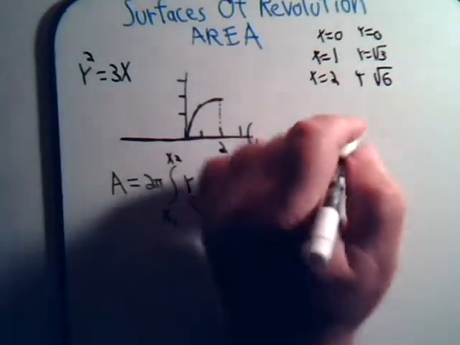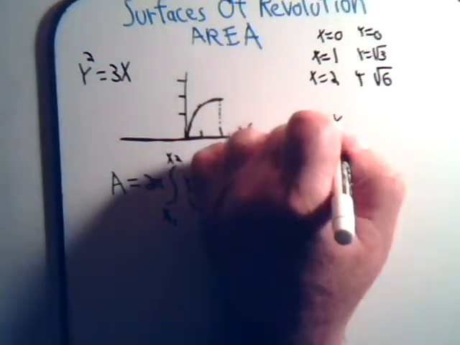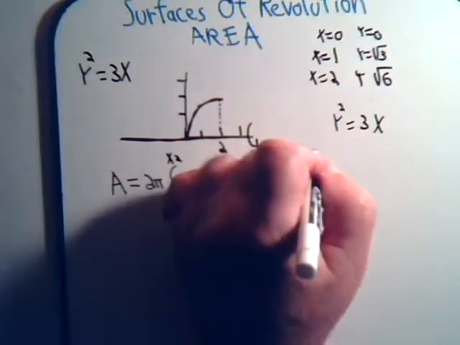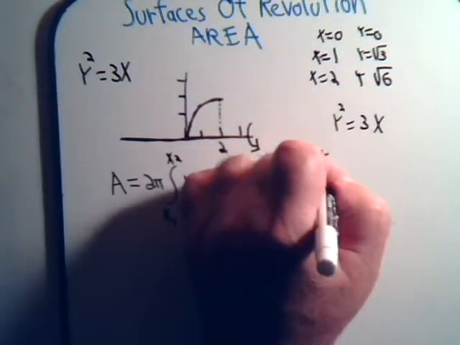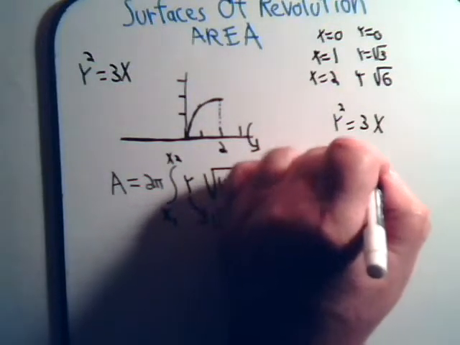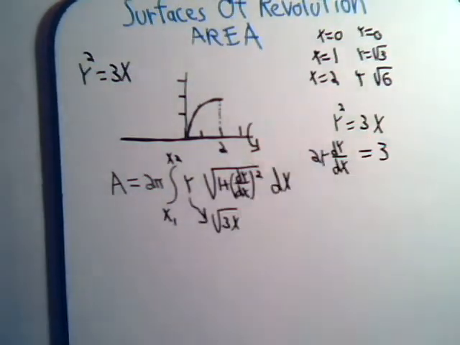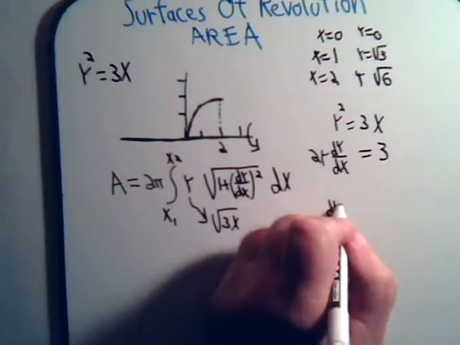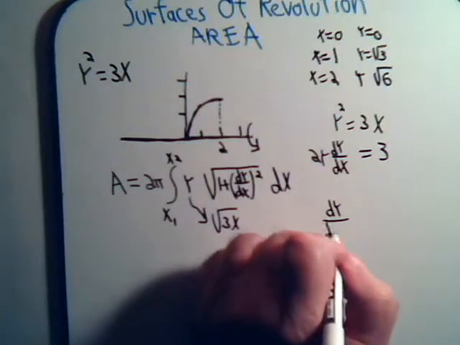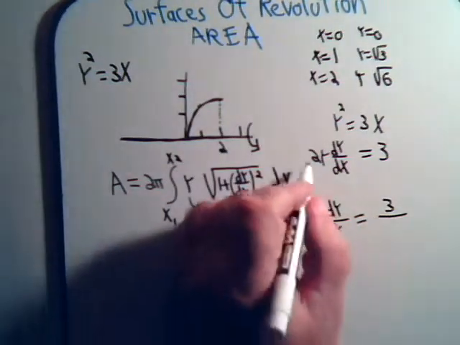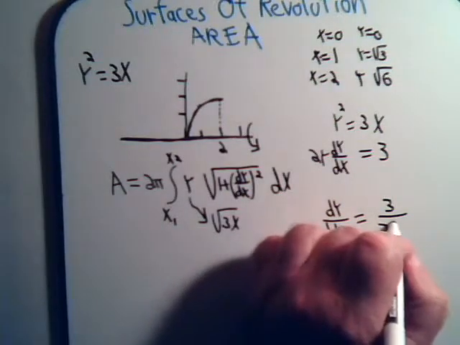So we have y squared equals 3x, so 2 times y times dy dx equals 3. So dy dx equals 3 divided by 2 times y.